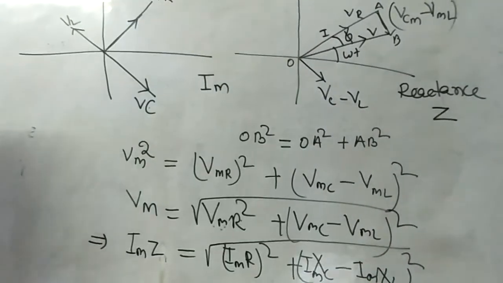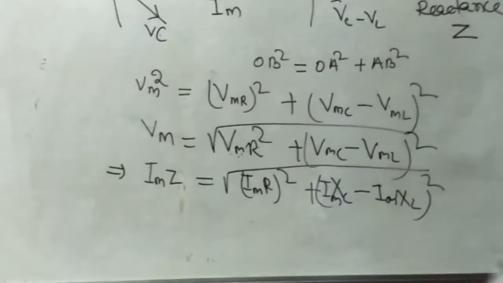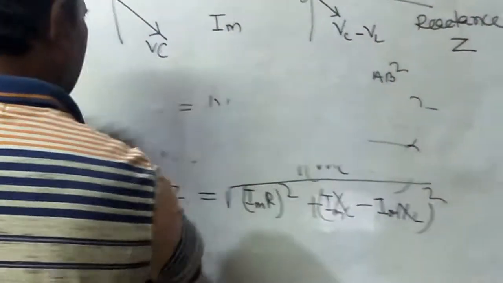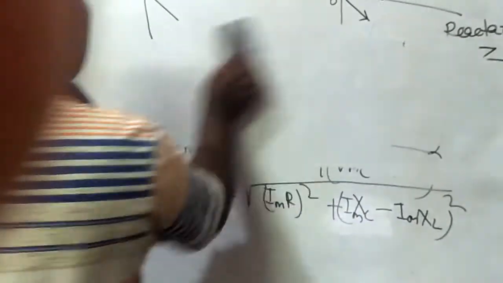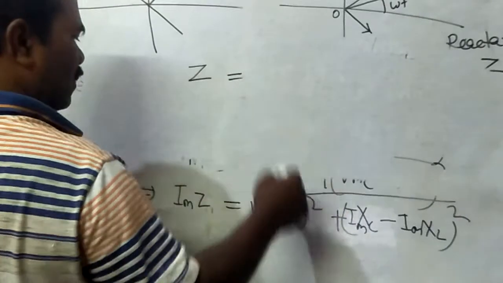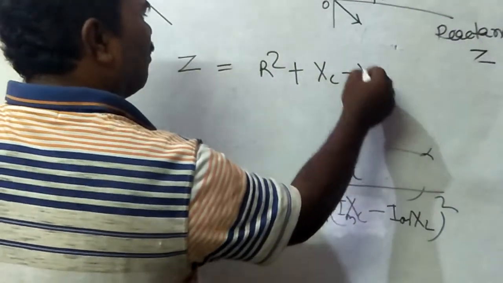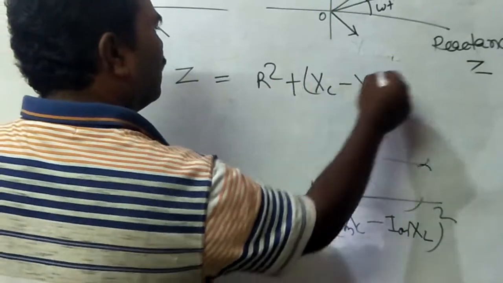When we solve it, we can cancel Im on both sides. So we get Z is equal to the square root of R square plus Xc minus XL whole square.